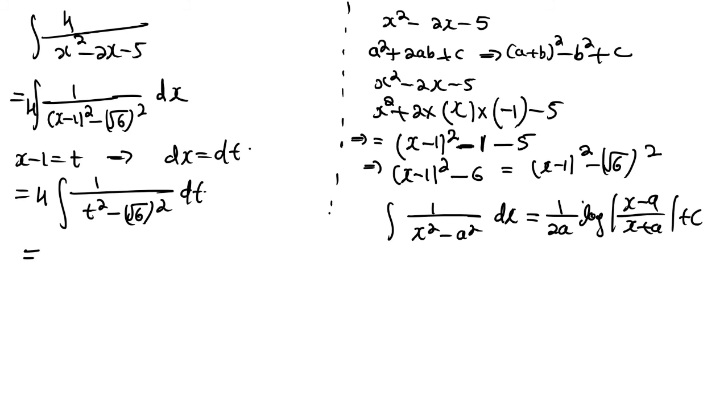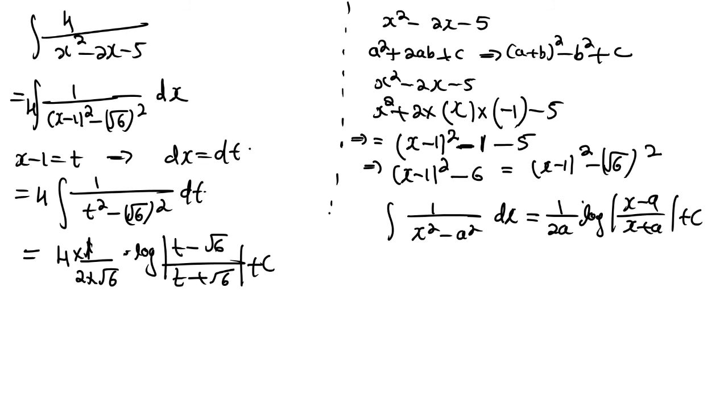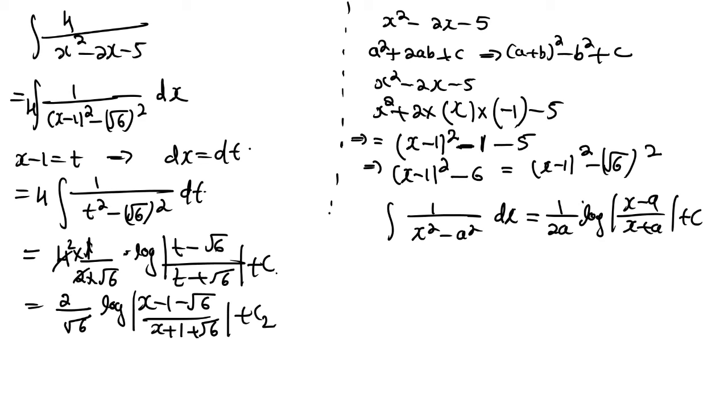So it is equal to 4 into 1 by 2a, where a value is root 6, into log of mod of t minus root 6 divided by t plus root 6, plus the integration constant c. So 2 ones are 2, 2 twos are 4, you will get 2 divided by root 6 into log of, what is t? t is equal to x minus 1, so x minus 1 minus root 6 divided by x minus 1 plus root 6, plus, take it as integration constant c2.